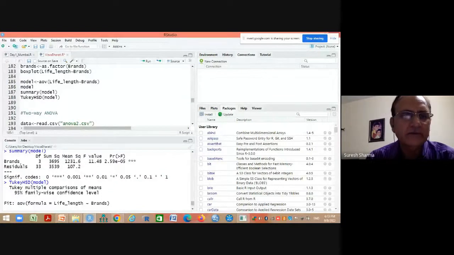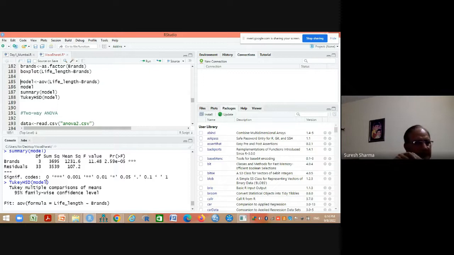If it comes out to be significant, that means there is a significant difference between the brands. But this table will not give you any idea which brands differ. It simply says brands differ. Further, to check which brands differ among themselves, we apply Tukey's test. Is that clear?